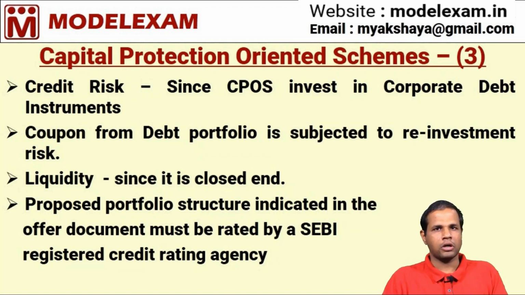So if buyers are not available, then it becomes a very difficult problem for the investor to redeem or sell units. These are the features and the limitations of capital protection oriented schemes. And remember, the proposed portfolio structure indicated in the offer document must be rated by a SEBI registered credit rating agency. So these are the things about capital protection oriented schemes.